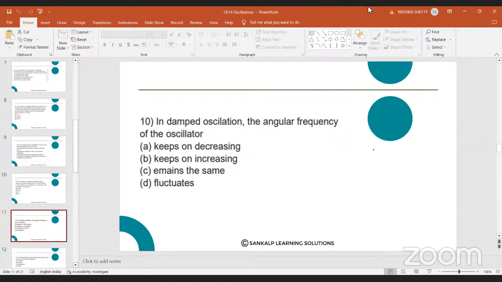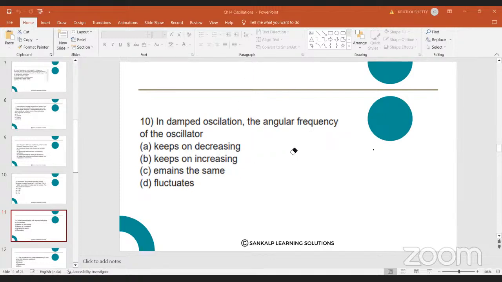So here, that is, it remains the same. That is the correct option here. Okay, it remains the same, it does not keep on decreasing. So option C is correct here.